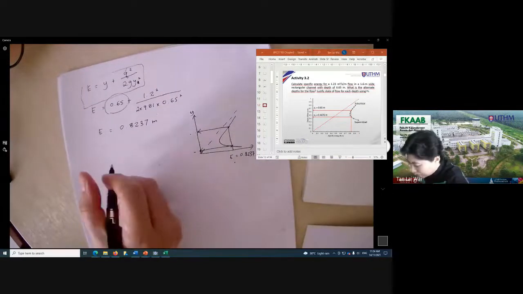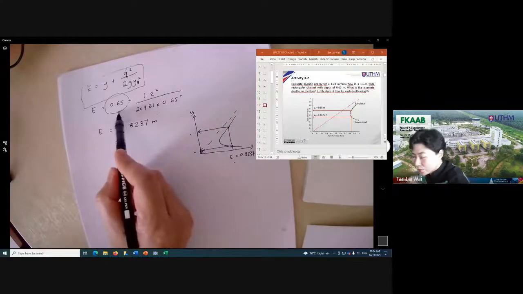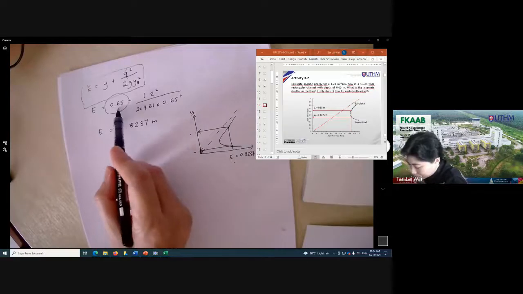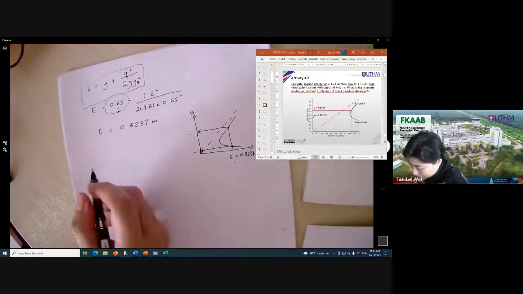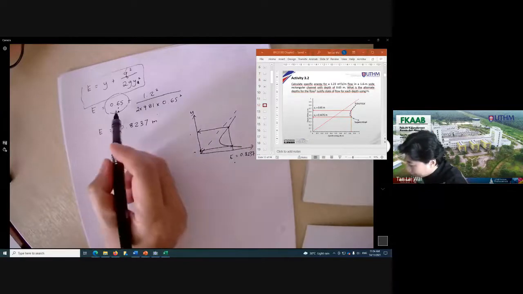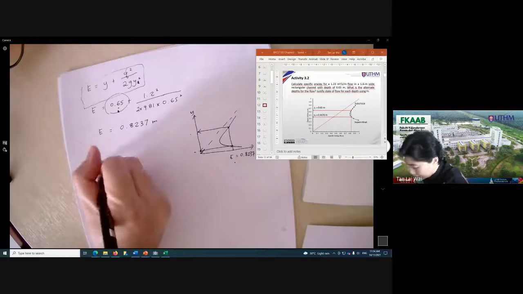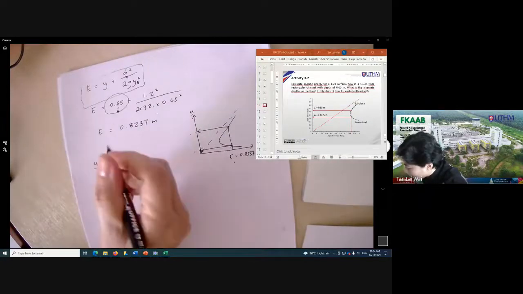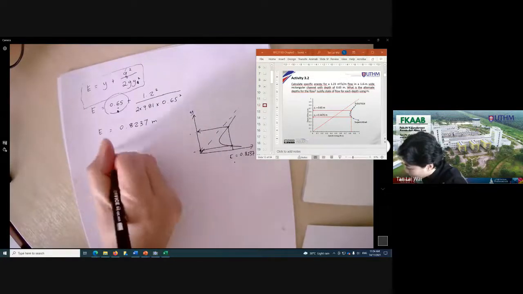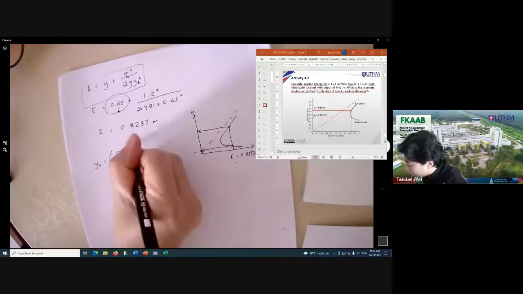Since the question also asks me to determine the state of flow using Froude number, I can find the Froude number for this. Whether it's subcritical or supercritical flow, to distinguish it I probably need to find Yc first, the critical depth of flow. Yc would be Q squared over g, to the power 1 over 3.